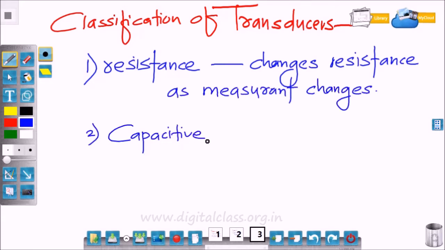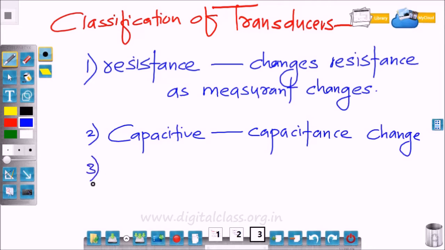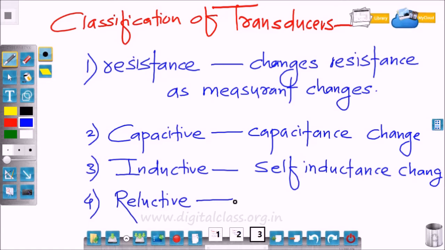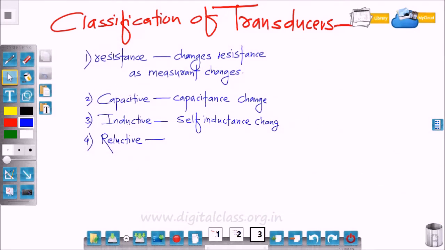Similarly, the capacitive transducer: here a change in capacitance takes place as measurement changes. Inductive transducer: there is a change in self inductance due to change in measurement. And reluctance transducers. These are the main types of transducers.